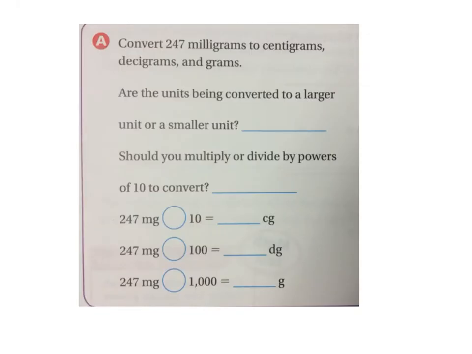Here's another practice problem. It's asking us to convert 247 milligrams to centigrams, decigrams, and grams. First we have to figure out, are we converting to a larger unit or a smaller unit? We know that centigrams, decigrams, and grams are bigger than milligrams, so we are converting to a larger unit.